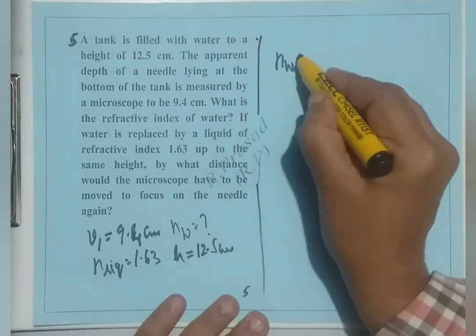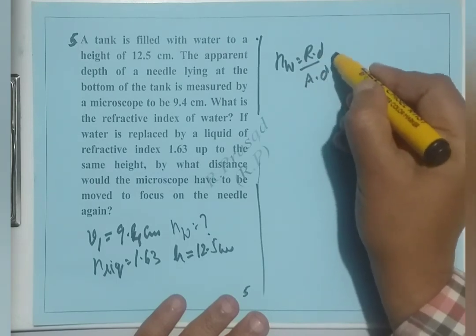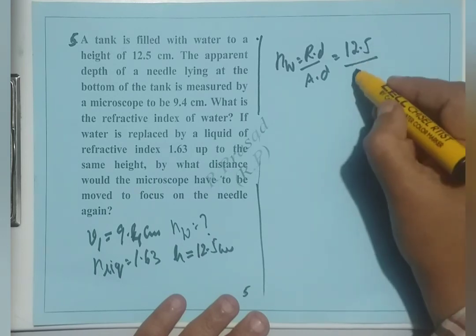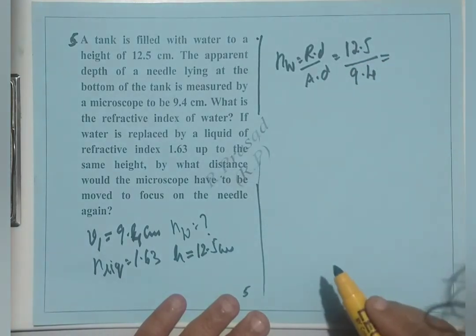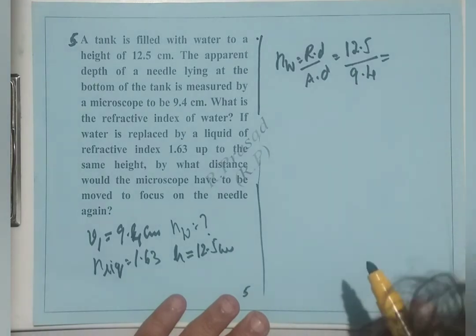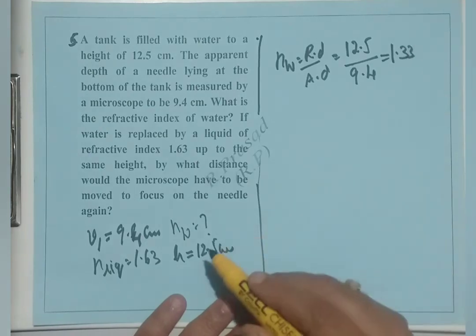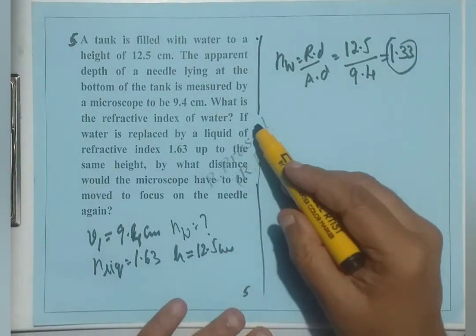N water is real depth by apparent depth. Real depth is 12.5. Apparent depth in the water is 9.4, which amounts to be 1.33. Water refractive index, we got first answer there, refractive index of the water.